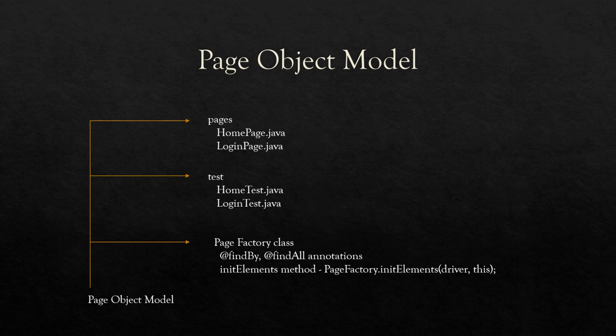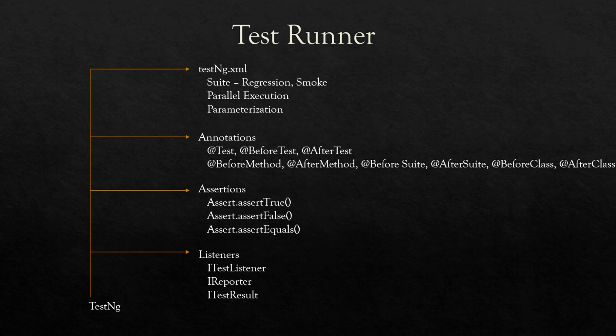Next, you can also explain the test runner, which is again a main part of a framework. Here we have used TestNG. The TestNG framework provides the testng.xml file that we use to create different suites. We can handle parallel execution and parameterization using testng.xml.